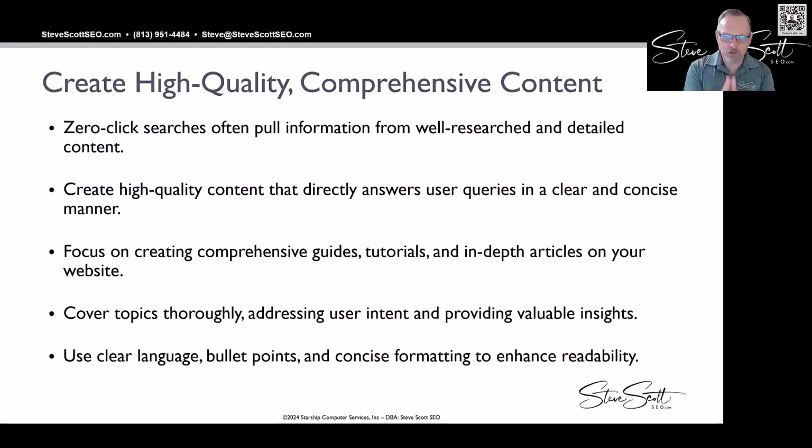If you can create super awesome content that really understands what your users are looking for and what their intent is behind looking for that, and you provide them with a great guide, a tutorial, or in-depth article, and you cover that topic thoroughly, addressing their intent, providing insights and research and data wherever you can, and you've used clear language and lots of bullet points and great formatting and made it easy to read with headings and subheadings and indentations and all sorts of great stuff, well, it's going to make your users happier.